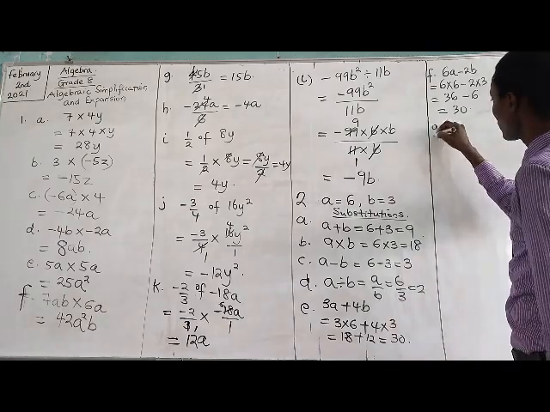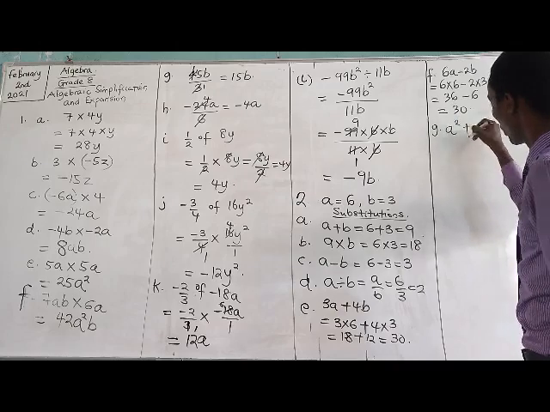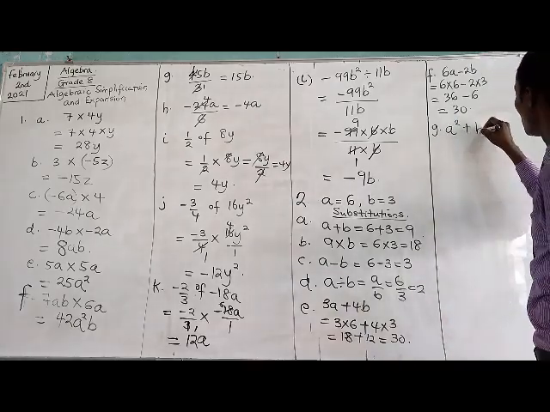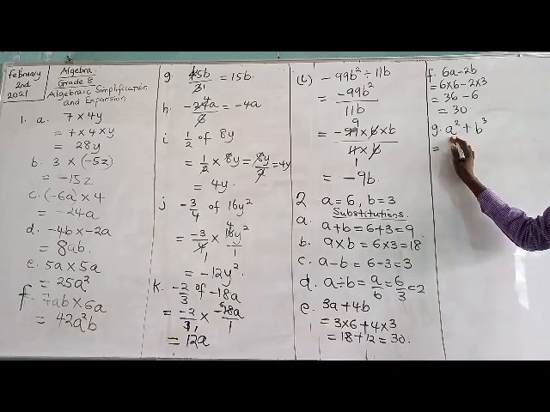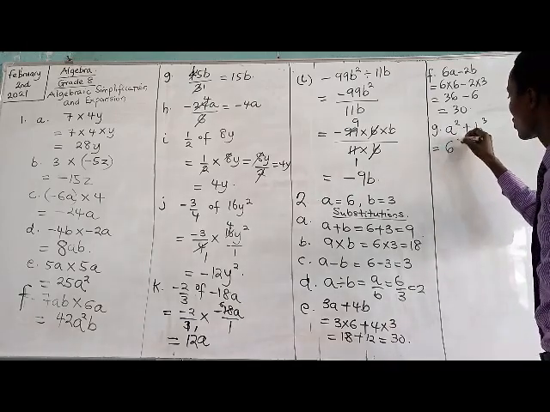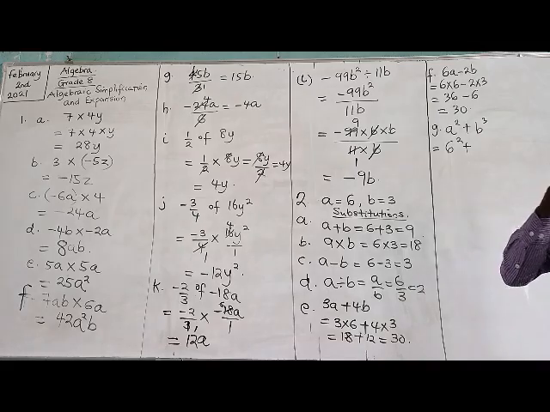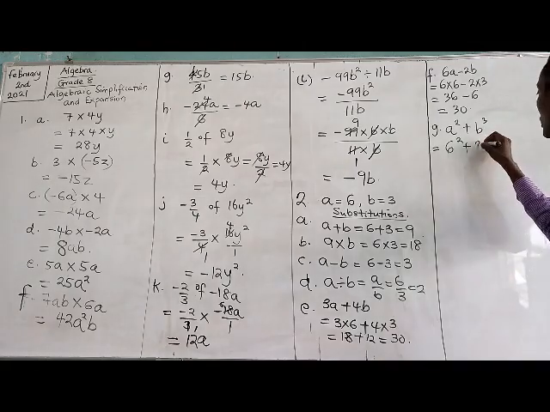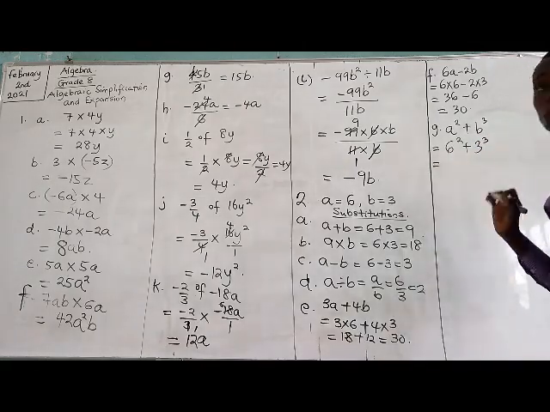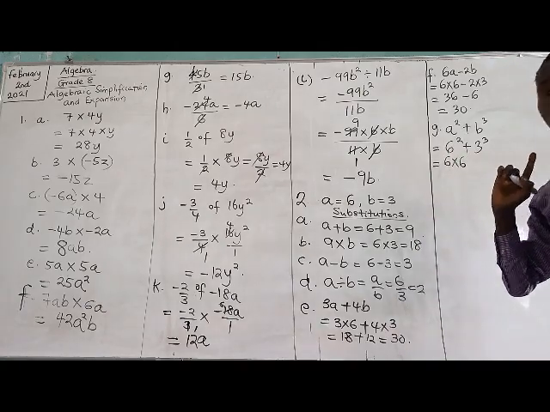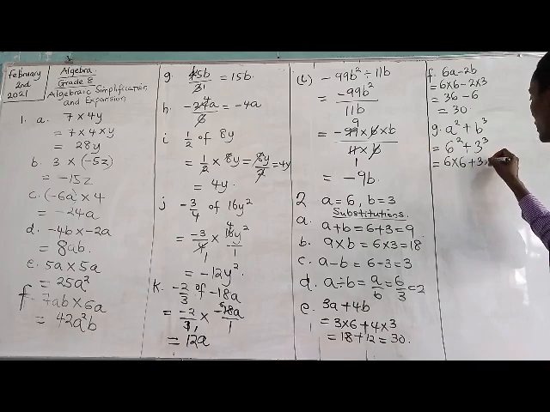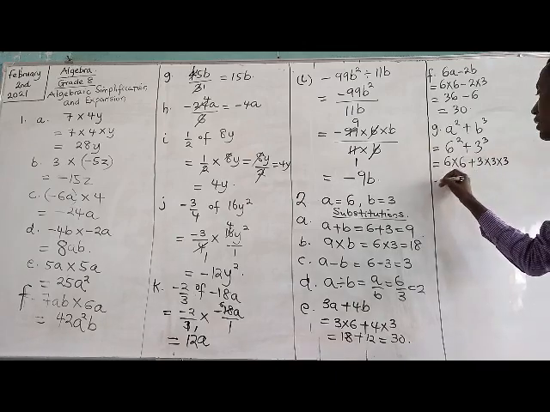For G, we have that a squared plus b cubed. This will mean that a is multiplied 2 times. So that will be 6 squared. And b, which is 3, is multiplied what? 3 times. To put in perspective, we will have 6 times 6, and this will be plus 3 times 3 times 3.